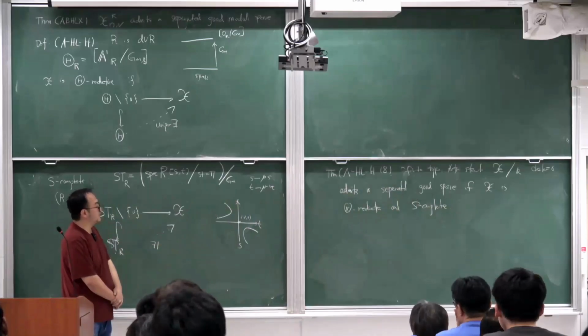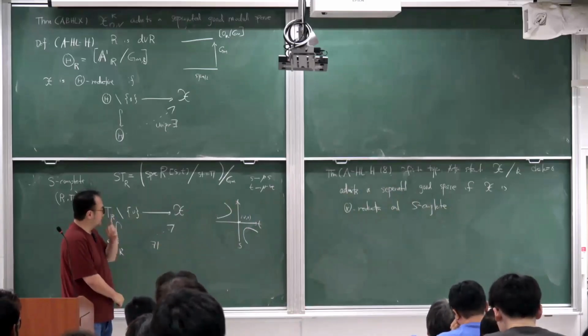No, that's what I'm saying. It's over K, characteristic 0. Yeah.